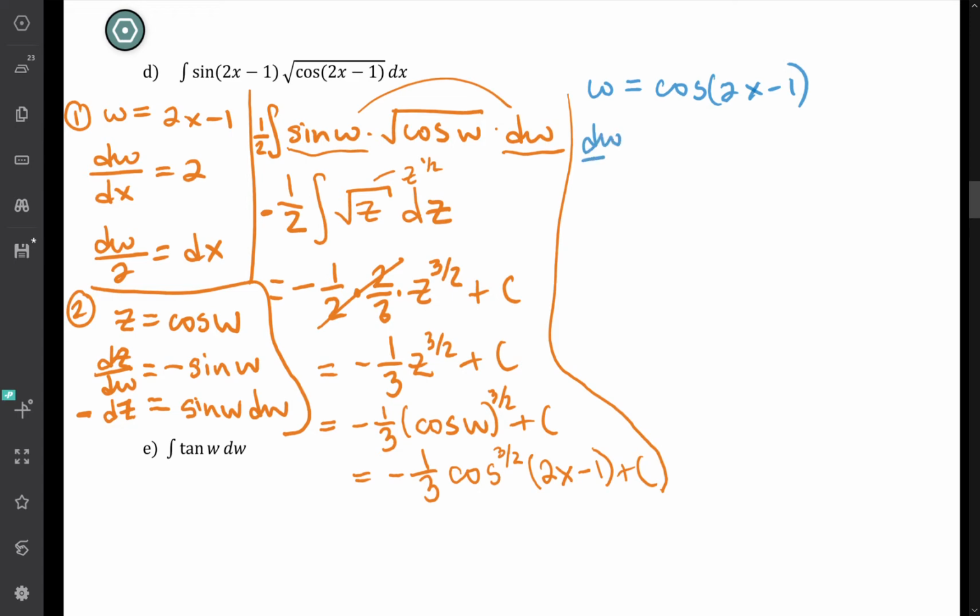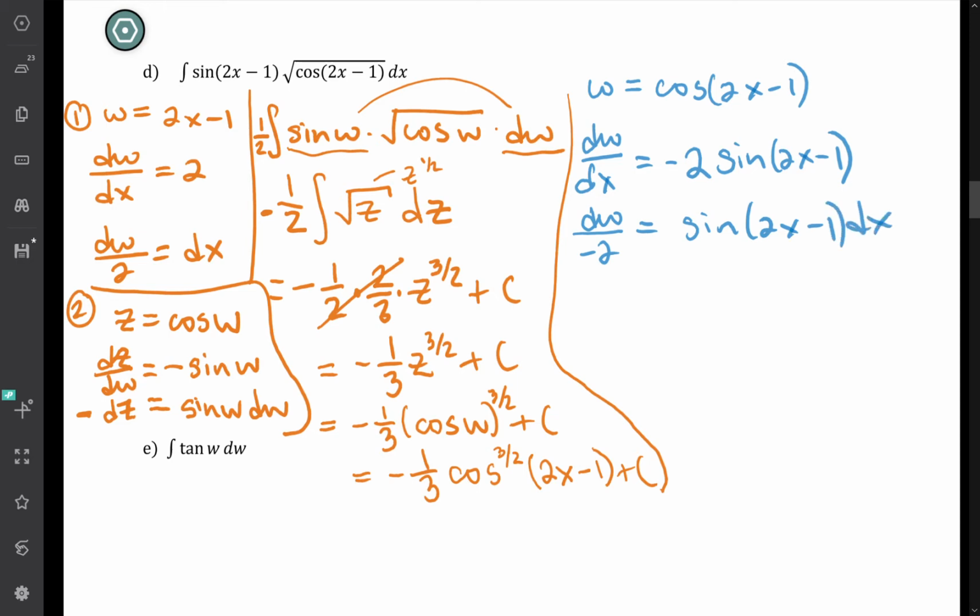Which means my dw dx is going to be minus sine of 2x minus 1, and then I'm going to chain out an extra 2. So when I go to replace, I can replace the sine 2x minus 1 dx with a dw over negative 2.